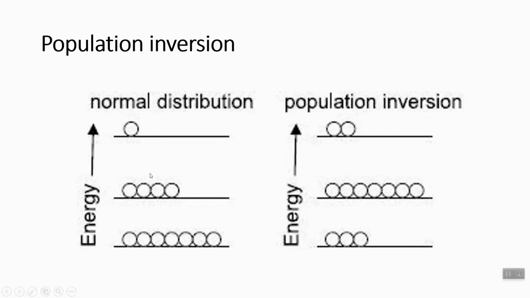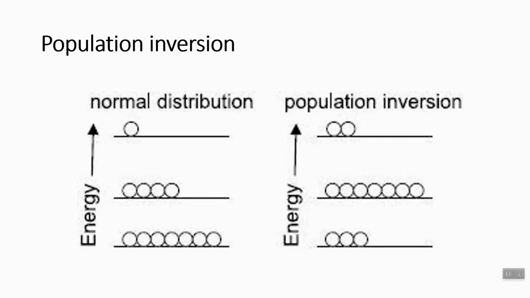So this figure represents the distribution of atoms or molecules or ions of the active material under normal conditions of temperature and pressure. As we can infer from the figure, there exists a larger number of atoms in the ground state compared to that in the excited state. Moreover, the number of atoms in the excited state decreases exponentially under normal conditions.